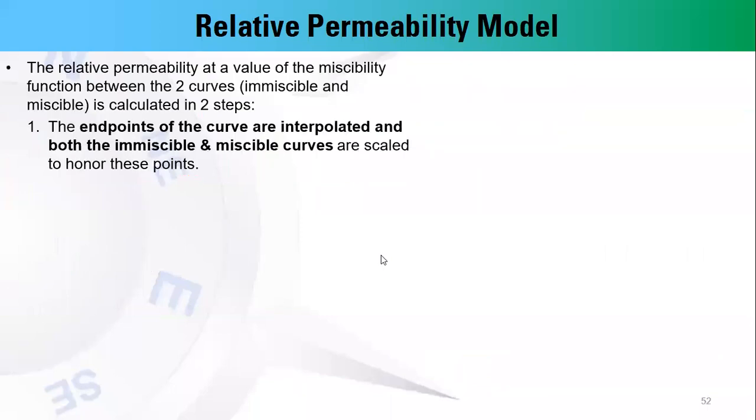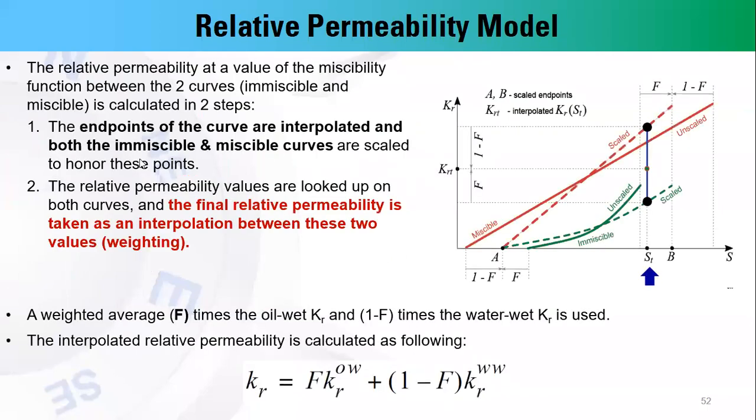So back to relative permeability in this model. Relative permeability is a function between the miscible and immiscible relative permeability curves. This is the immiscible curve, and this is the miscible curve. So at a specific saturation, the simulator will calculate the final relative permeability based on interpolation between the immiscible and miscible relative permeability curves.